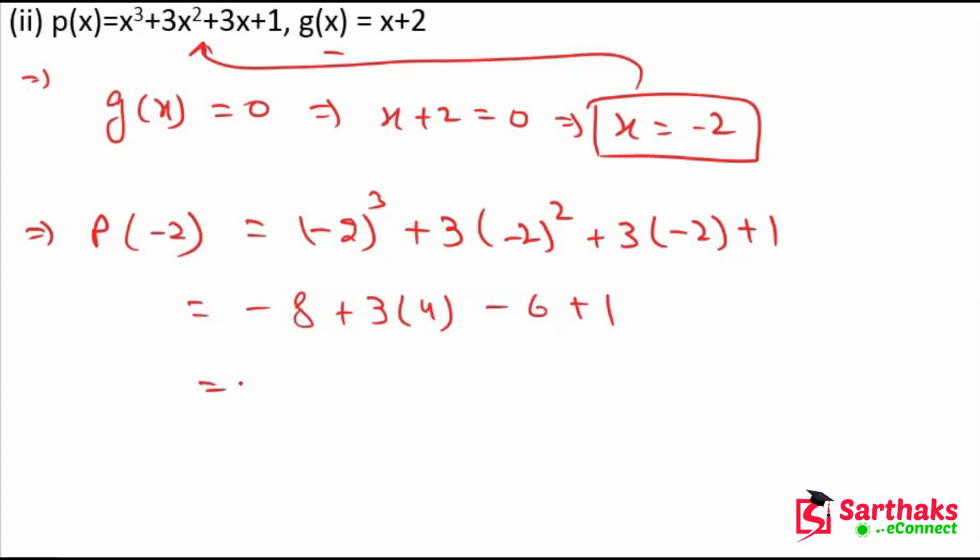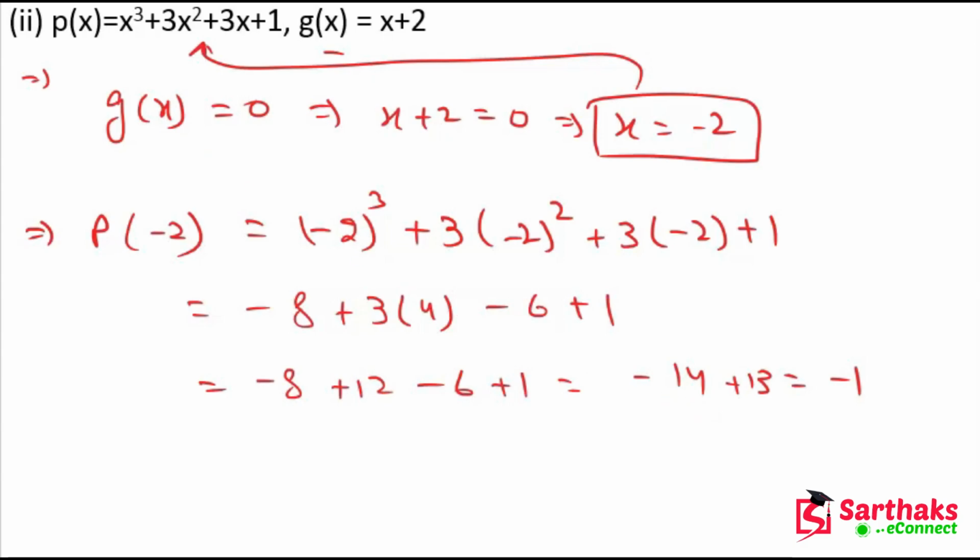So minus 8 plus 12 minus 6 plus 1. If we solve this, we get minus 14 plus 13. So we get minus 1.